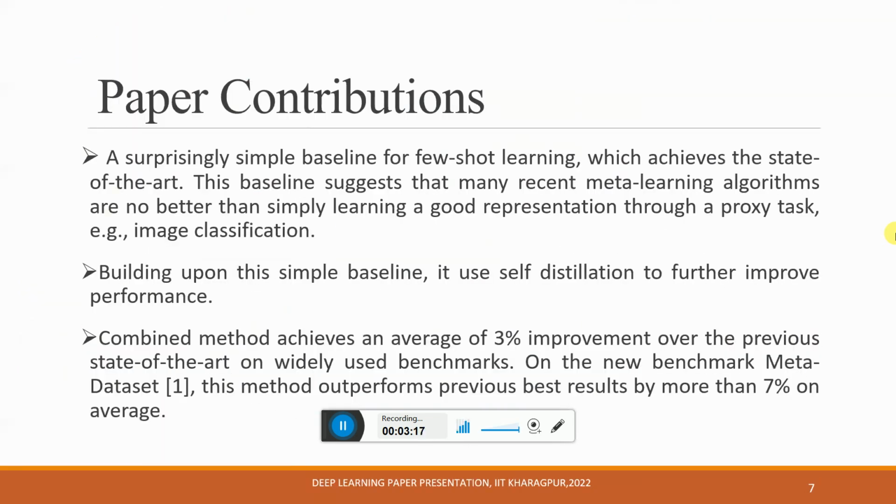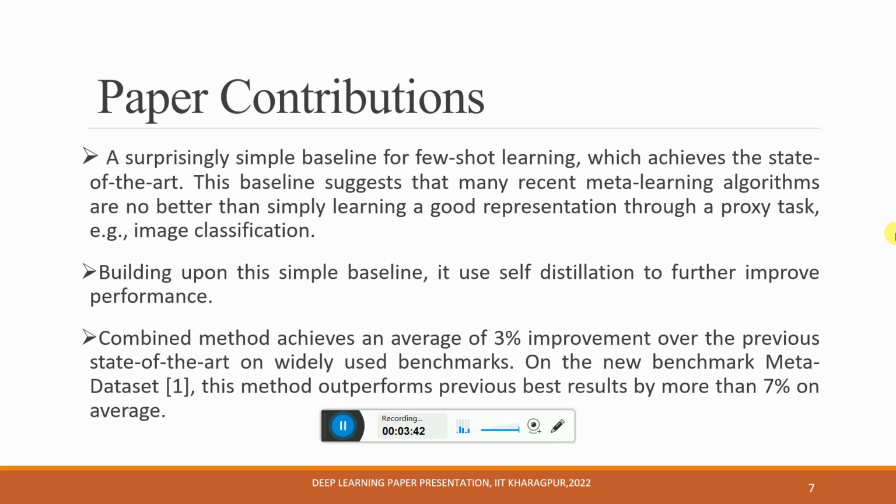The paper's contributions: this paper basically shows that meta-learning doesn't work for few-shot classification. This paper suggests that good learned representations are more powerful for few-shot classification tasks than the current crop of complicated meta-learning algorithms. This baseline suggests that many recent meta-learning algorithms are no better than simply learning a good representation.